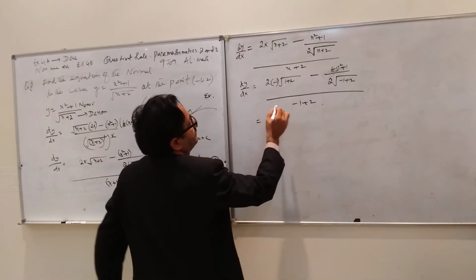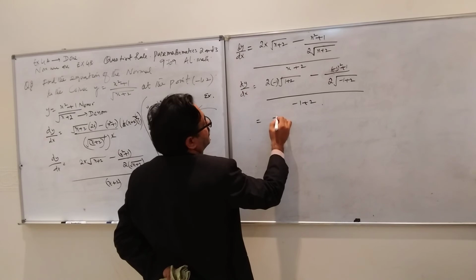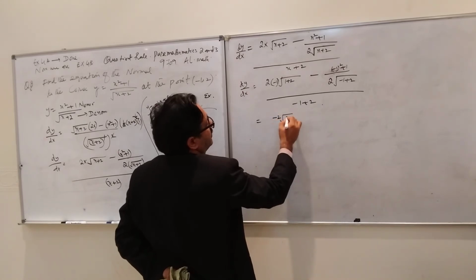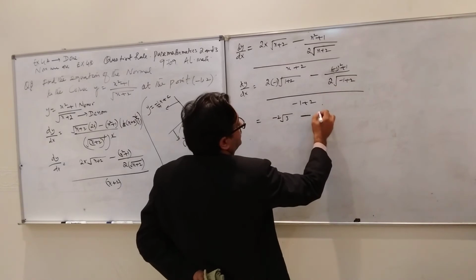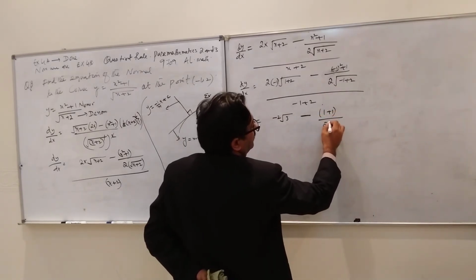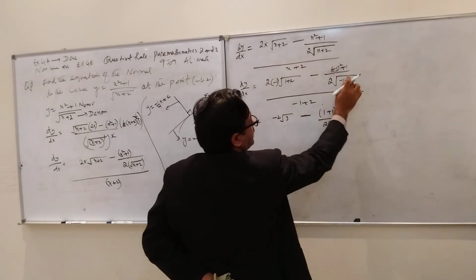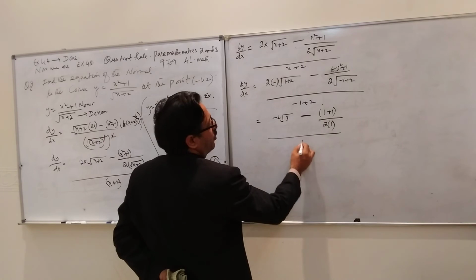So we get minus 2 into 3 radical sign, and minus 1 plus 1 divided by 2 into 1 here, because the radical of 1 is again 1, and divide by 1 here.